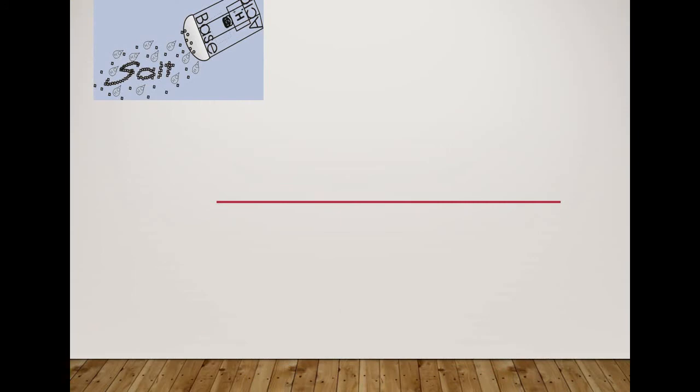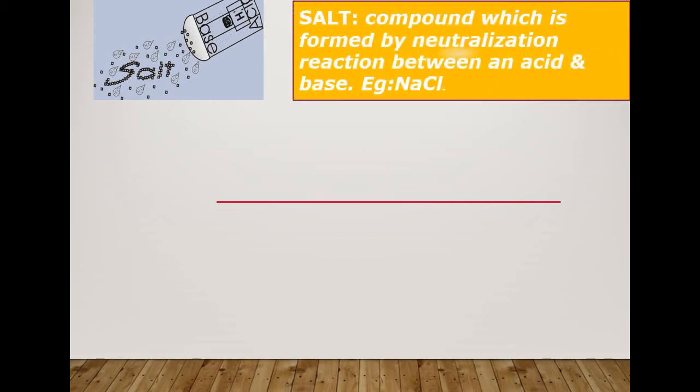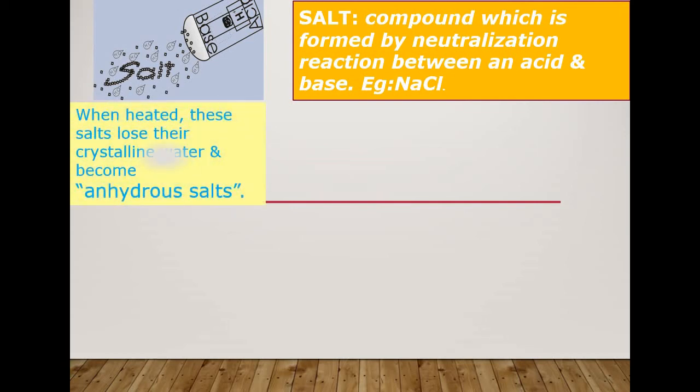Now, what is salt? Salt is a common compound which is formed by neutralization reaction between an acid and base. Example, NaCl, which is also known as sodium chloride. When heated, these salts lose their crystalline water and become anhydrous salts.